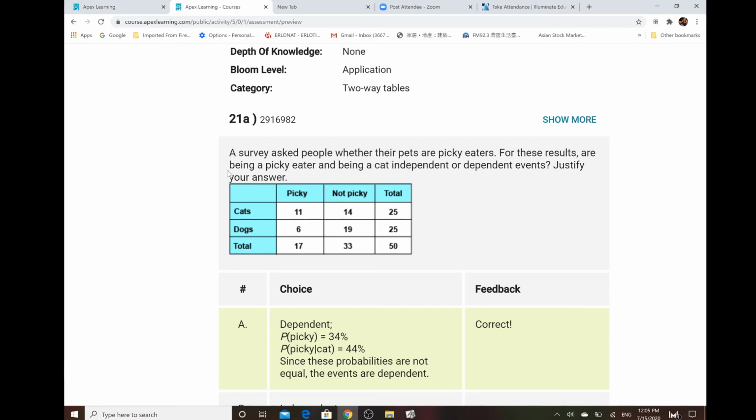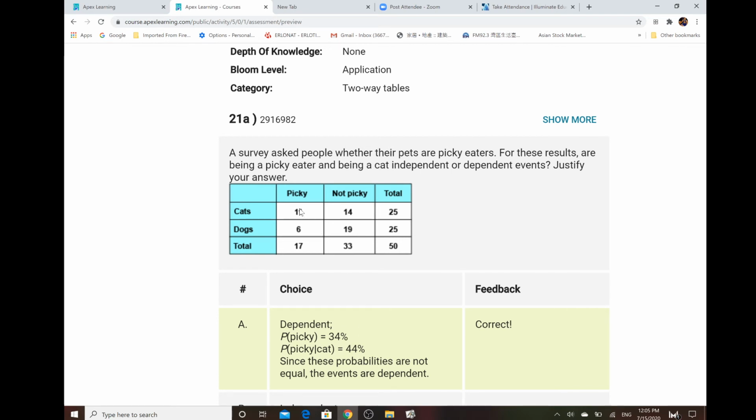So in order to find out what that is, the probability that it's picky would be 34%. The reason why it's 34% is because that is considered 11 over 25. And then the probability of picky given cat, relying on cat here, that'd be 44%.